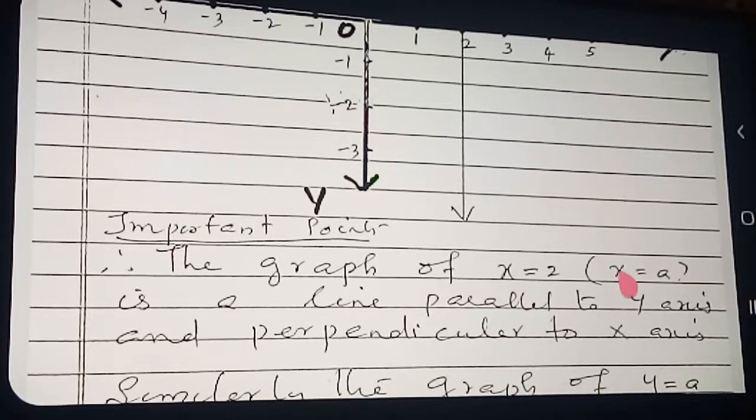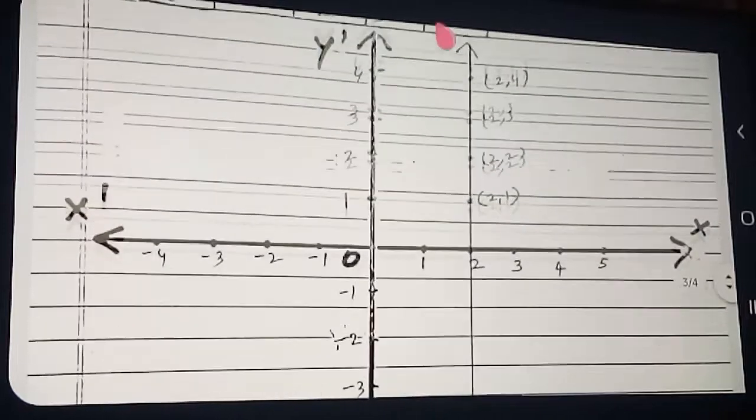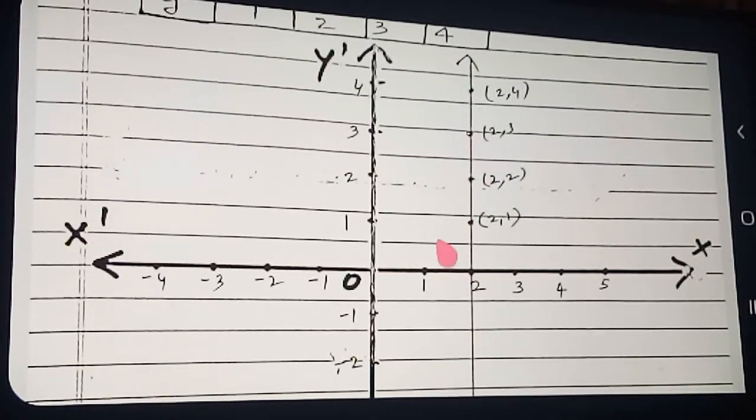So x term is there, constant term is there, and the y term is absent. Such an equation's graph is always a line parallel to the y-axis and perpendicular to the x-axis. What is the angle forming here? 90 degrees. Therefore, the graph of x is equal to a is a line parallel to the y-axis and perpendicular to the x-axis.